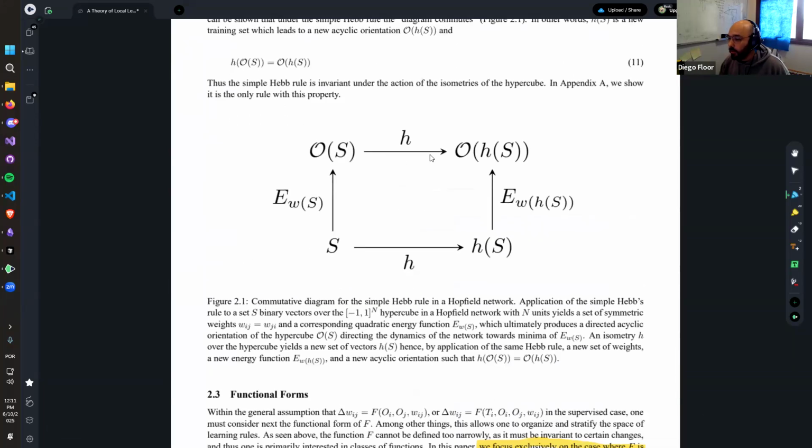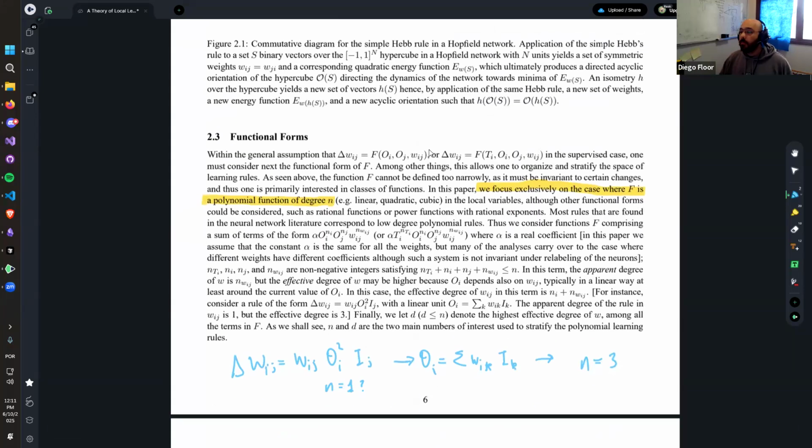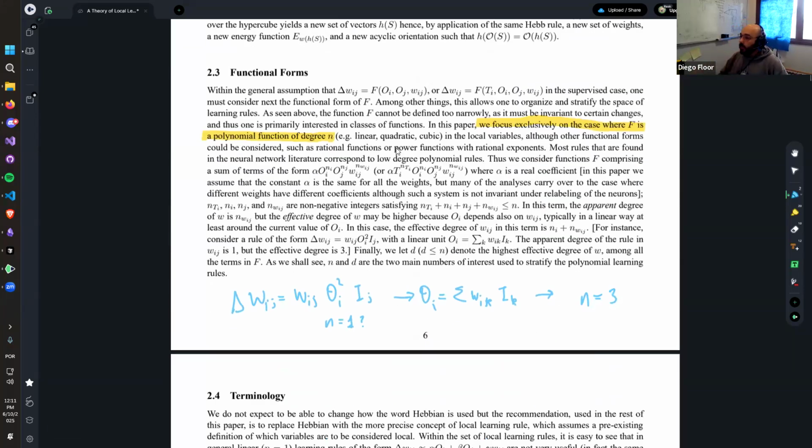So they're just going through some more examples here of hidden rule or Hopfield-like functional forms. The paper is going to just focus on polynomial functions. Polynomial in O's and W's, yeah.